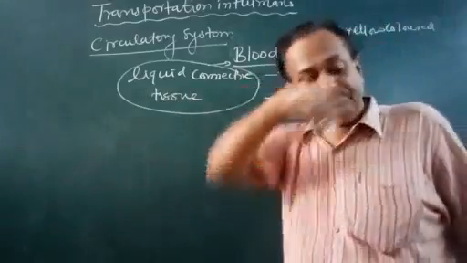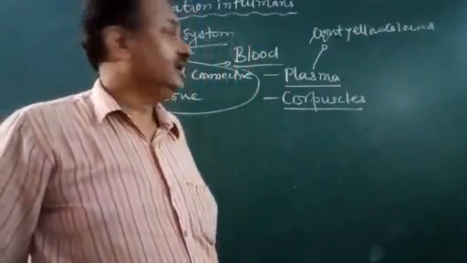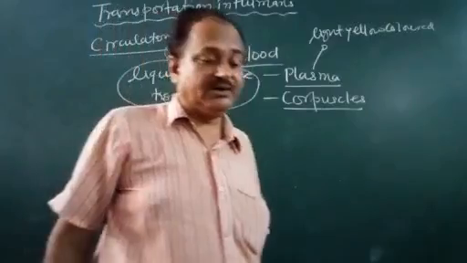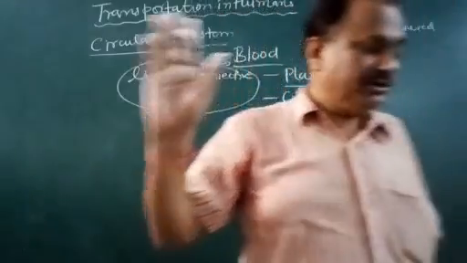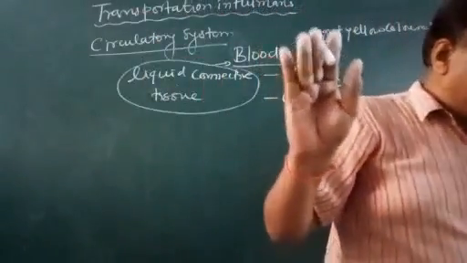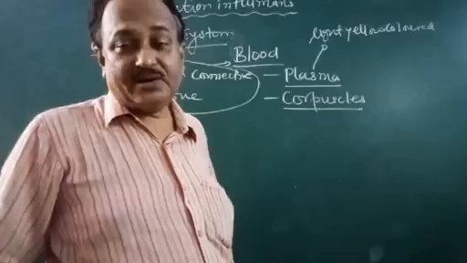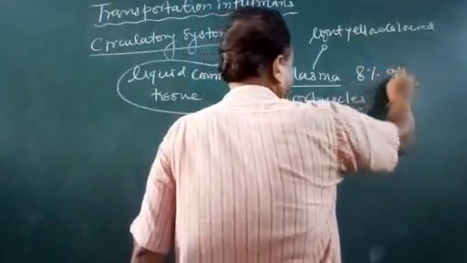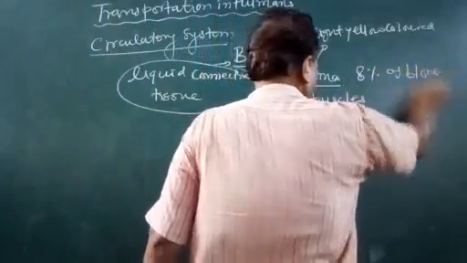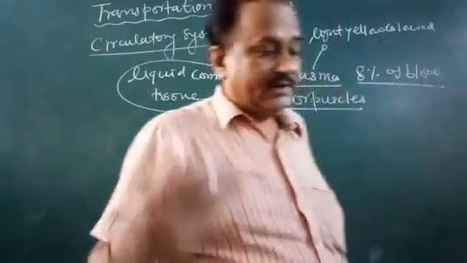Plasma is a light yellow colored liquid, and it has a very large quantity of water. Plasma constitutes around 8% of blood.